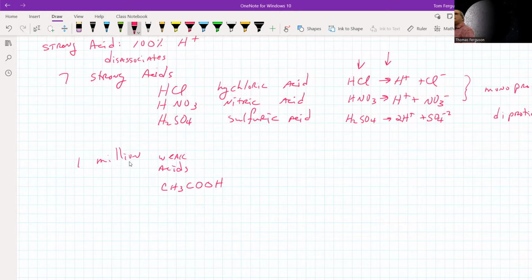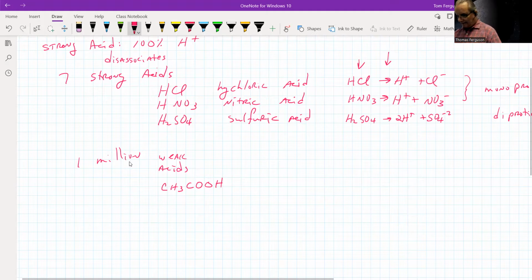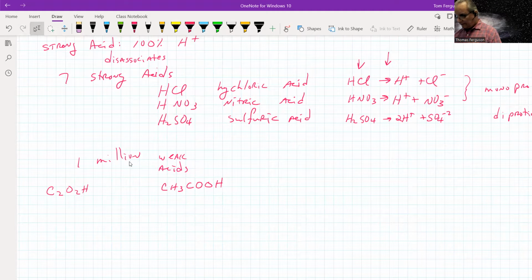Now that's one way of writing vinegar. The other way would be to write it like that. I prefer this one. This is one of the more simple organic acids. And this is what makes it an organic acid, the COOH.